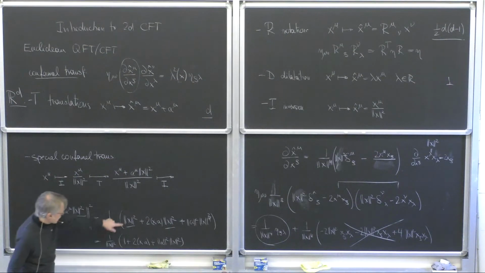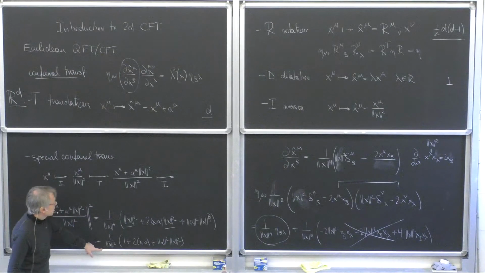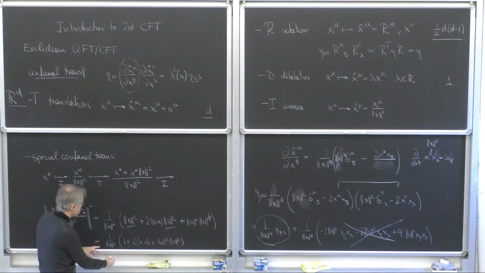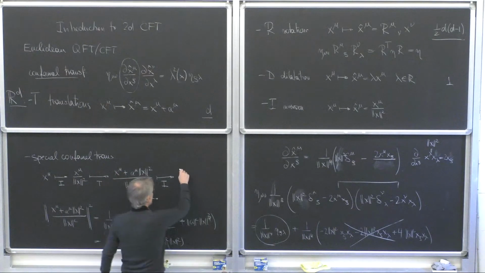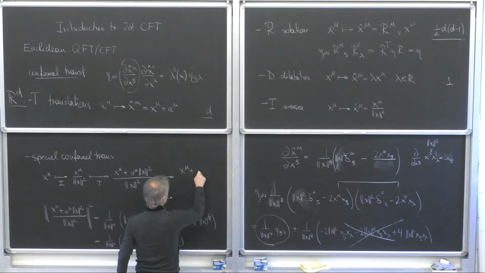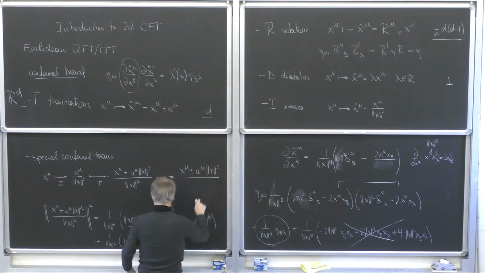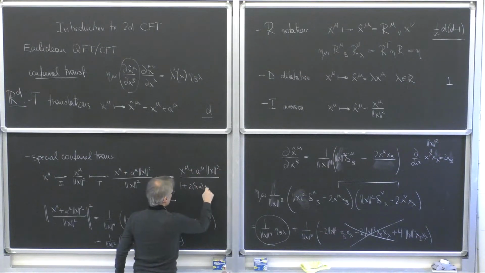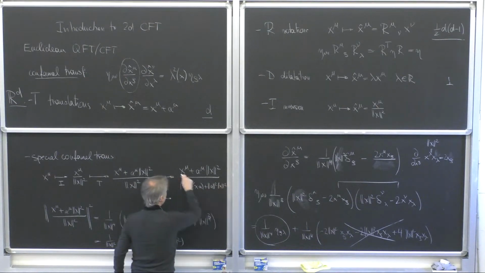So what I'm going to get is 1 plus 2 x dot a plus a squared x squared, divided by x squared. So I have to take this vector and divide it by this. Then this x squared cancels against this x squared. And what I'm going to get is x mu plus a mu times x squared, divided by 1 plus 2 x dot a plus a squared times x squared.